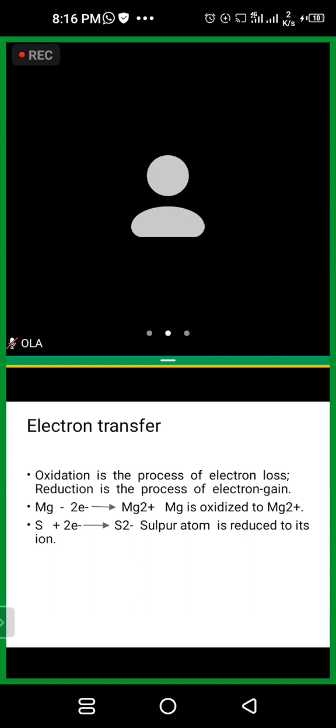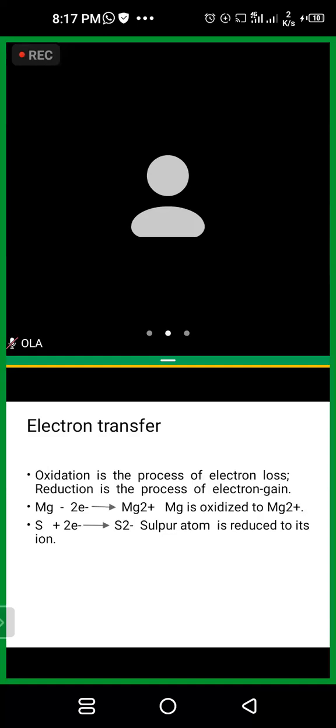So when it accepts 2 electrons, say it accepts those 2 electrons from magnesium, it will become what? Negatively charged. Once it has accepted the electron and become negatively charged, it means it has been reduced. So that is based on loss of electron and gain of electron.